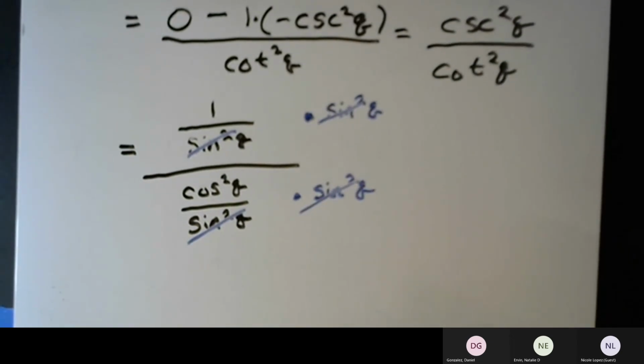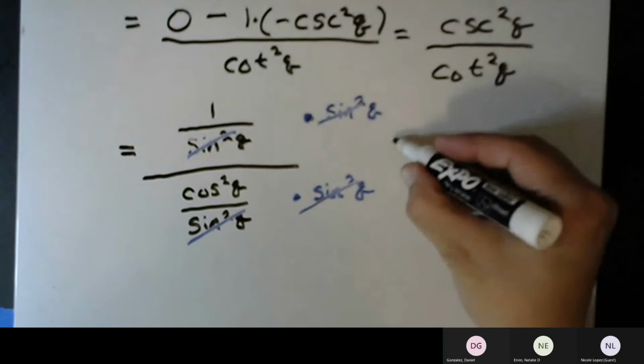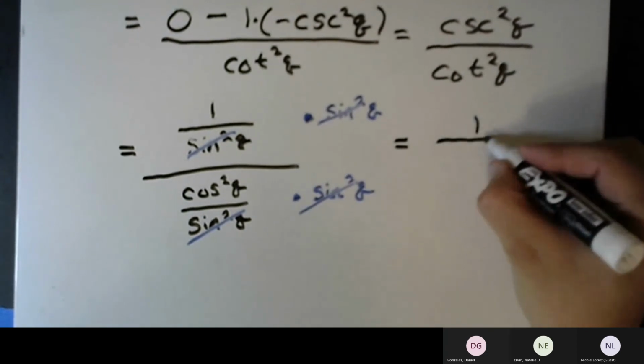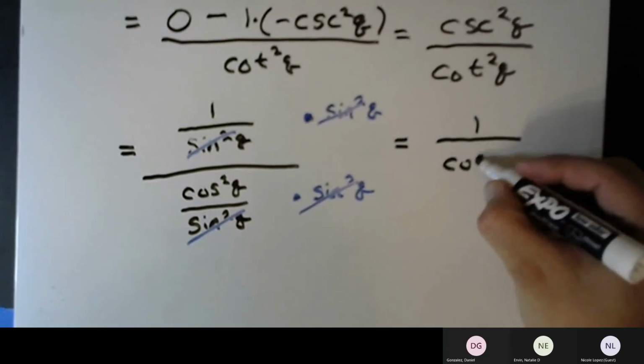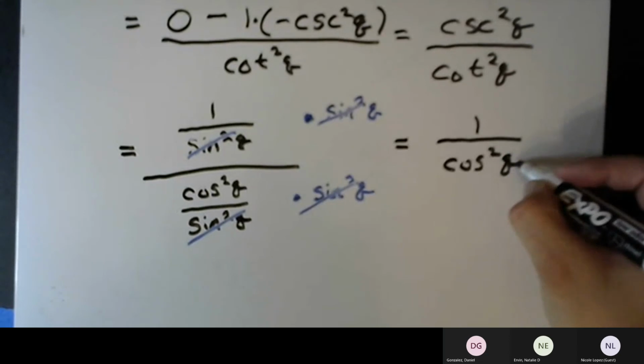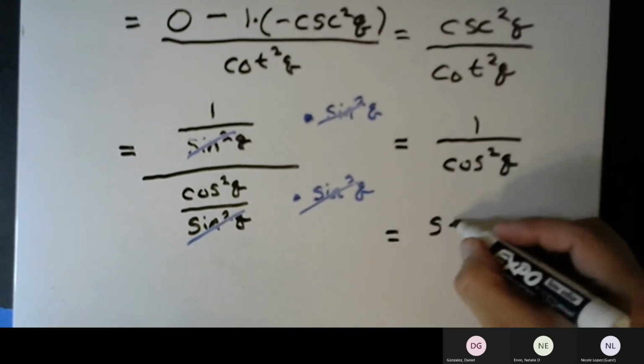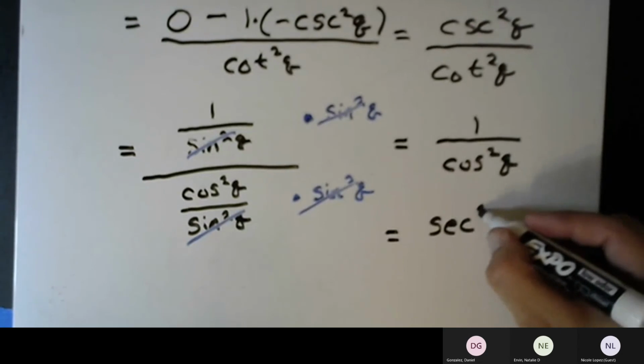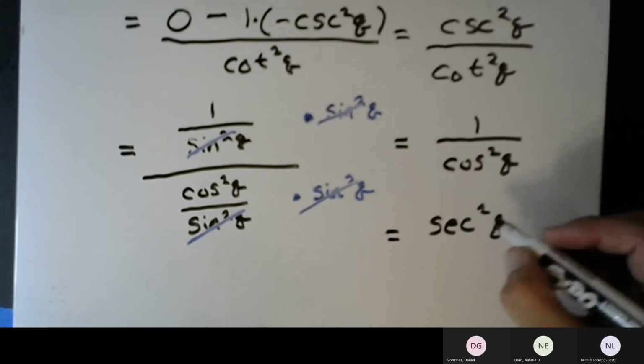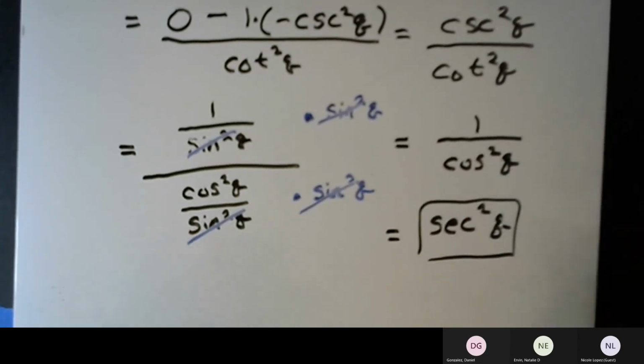What that's going to leave us with is 1 over cosine squared q. And then what's 1 over cosine? That's secant squared q. And that's going to be your answer.